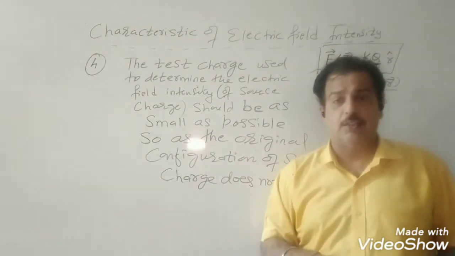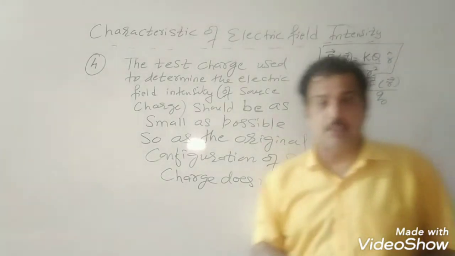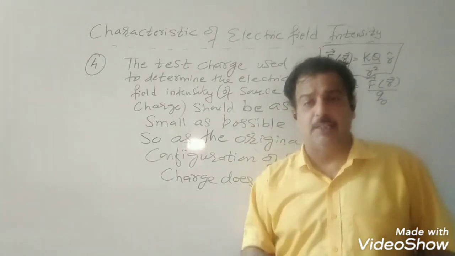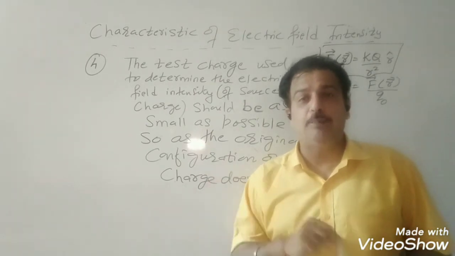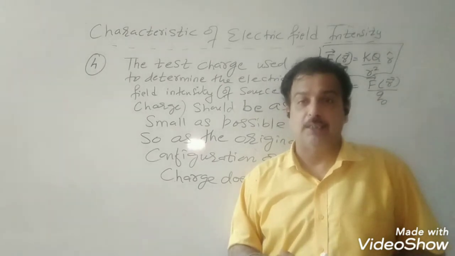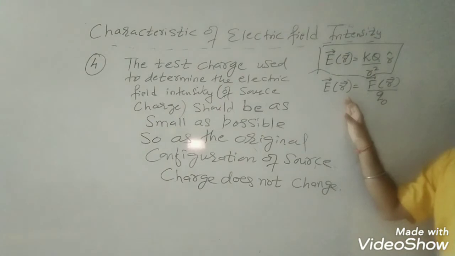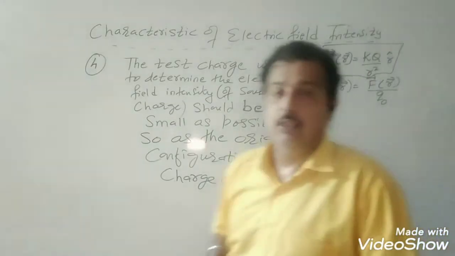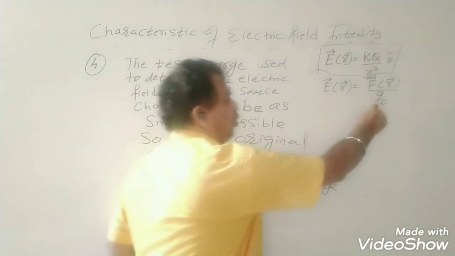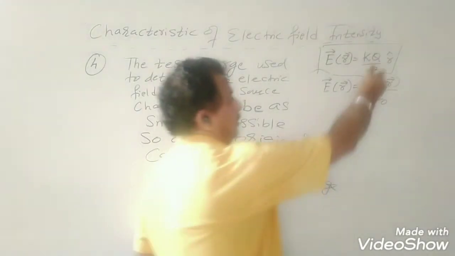But by convention, whenever you need to find the electric field intensity of a source charge at whatever point is given, you assume that we place a unit positive charge at that point. So while discussing this equation, I kept Q naught at a point P. Again and again in the numericals, we will not be placing Q naught because Q naught gets cancelled.